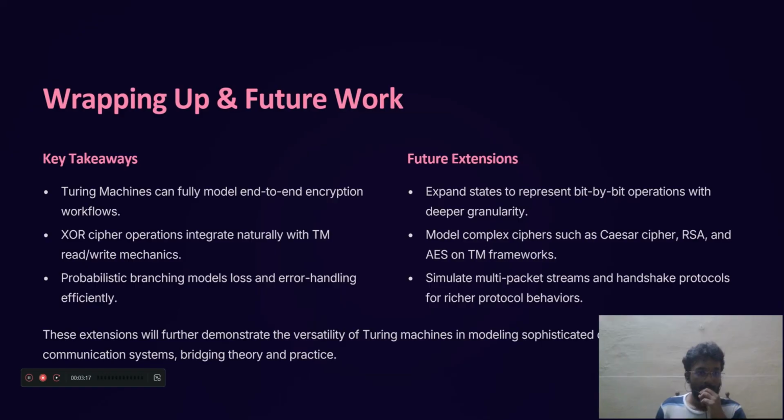Why do we need this? Because as I'm going to explain, Turing machines can fully work on XOR, and it works seamlessly, so we can do our XOR encryption and decryption without any issues. And this is just an example, as XOR is a simple operation, as we know from the Church-Turing thesis that any algorithm can be made or depicted using a Turing machine.